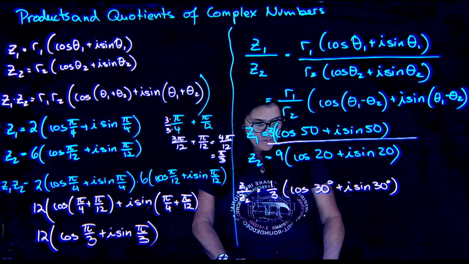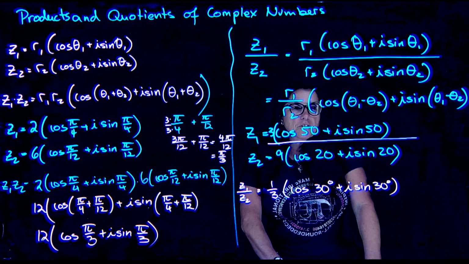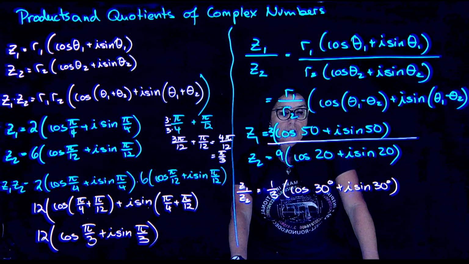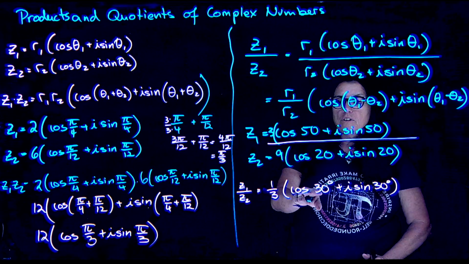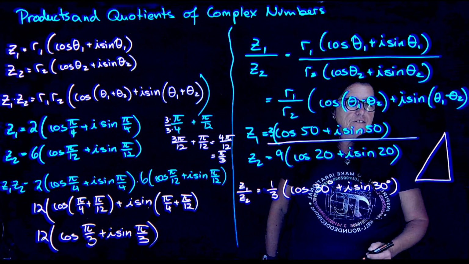Now, if you want to leave it in trig form, you can do that. Sometimes the book requires actually to convert it back into complex number form. So we have to evaluate the cosine of 30 and the sine of 30.